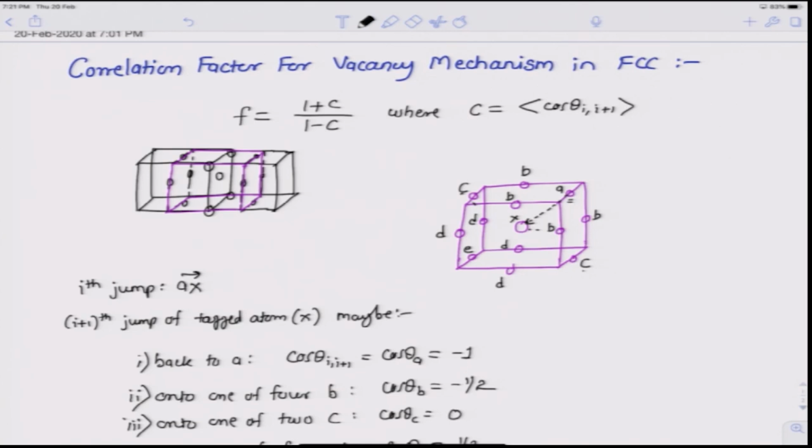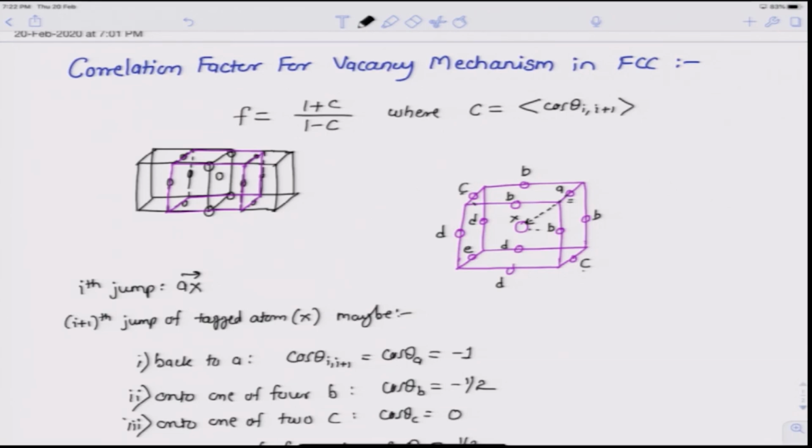Since the activation energy for the diffusion of a vacancy is much lower, the vacancy itself would make a large number of jumps before the X again exchanges with it. So, we need to find the probability that after making n jumps, the vacancy at A comes back to any one of these A, B, C, D and E types of sites. Okay.